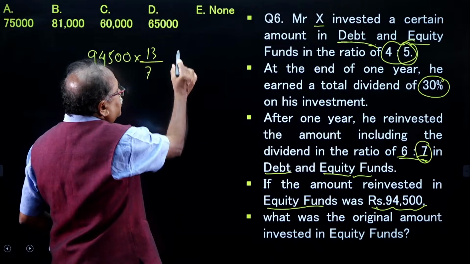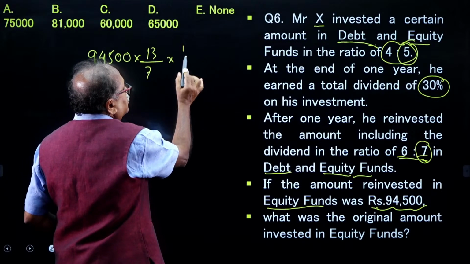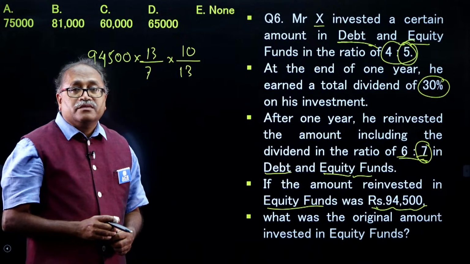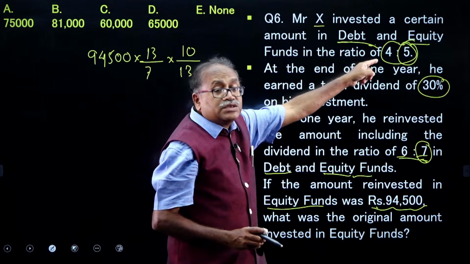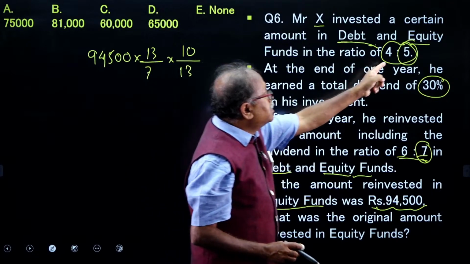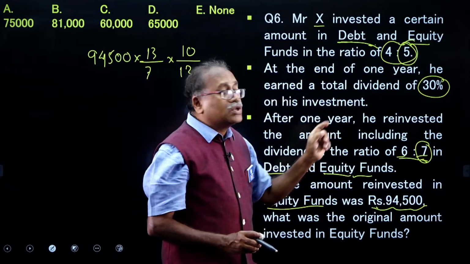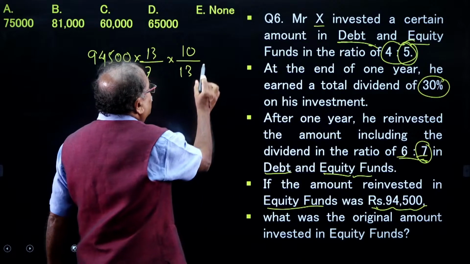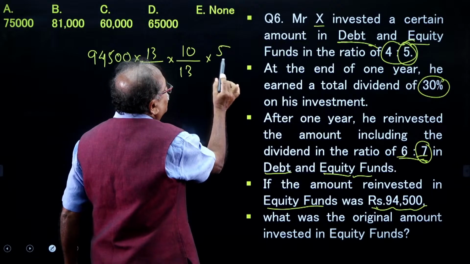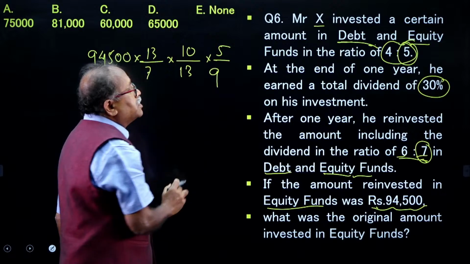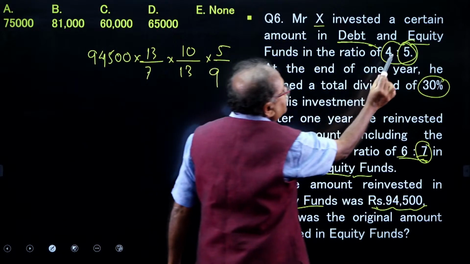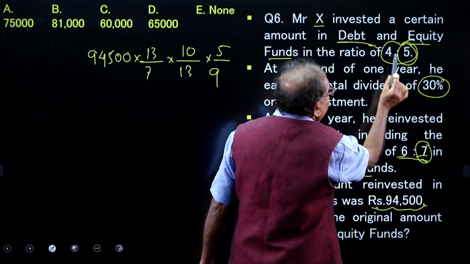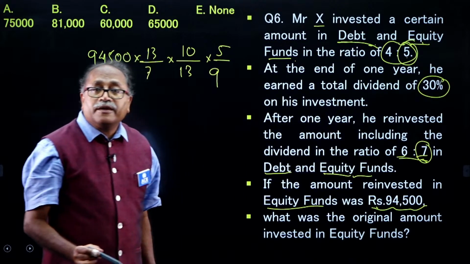So, here 100 by 130, that is 10 by 13. I reached up to this, and from here I need to find out the 5 parts out of 9 parts. Let us find the 5 part out of the given 9 parts, then you will be able to find out the equity fund investment at the beginning.